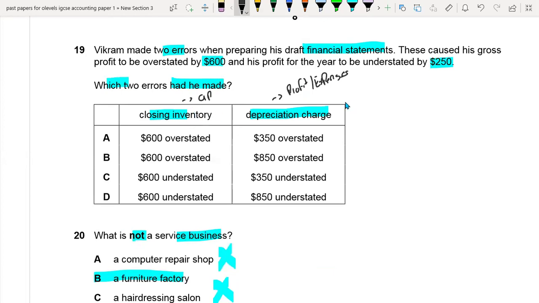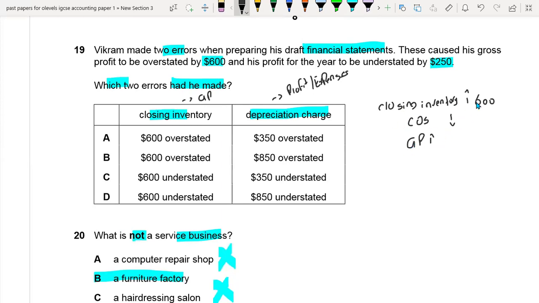So depreciation will be affecting the profit and closing inventory will be affecting the GP. Because here you can see that gross profit is overstated, it means that if our closing inventory is overstated by $600, then our cost of sales will decrease and our GP would be overstated, because whenever cost of sales is decreasing, our GP would be increasing.